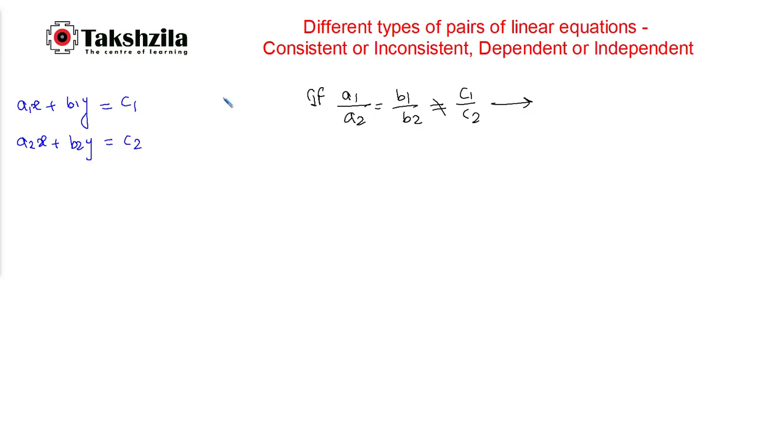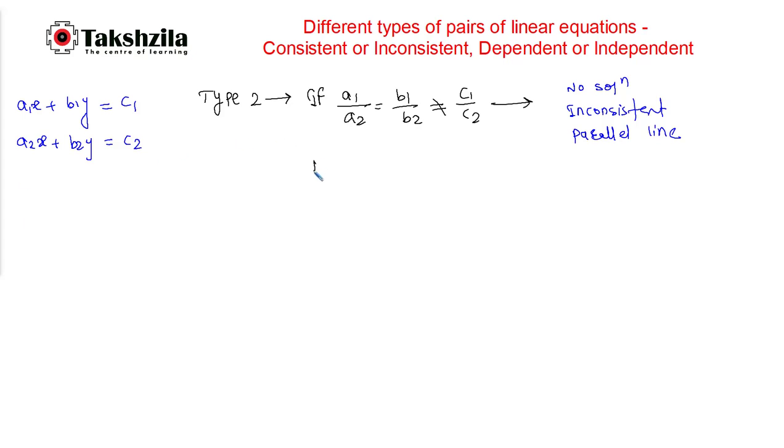Sorry, this is type 2. Whenever this condition is satisfied, the given pair of equations has no solution. So they are inconsistent pair of equations. They represent parallel lines on a graph paper. We cannot classify them as dependent or independent.